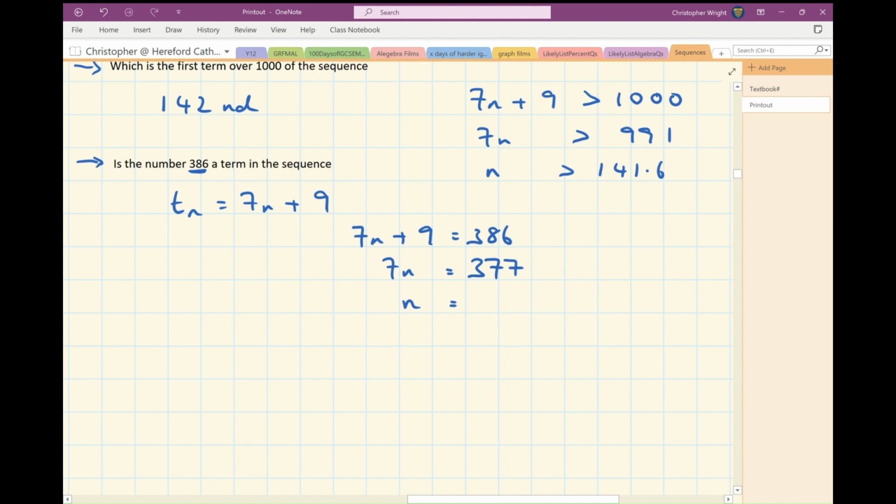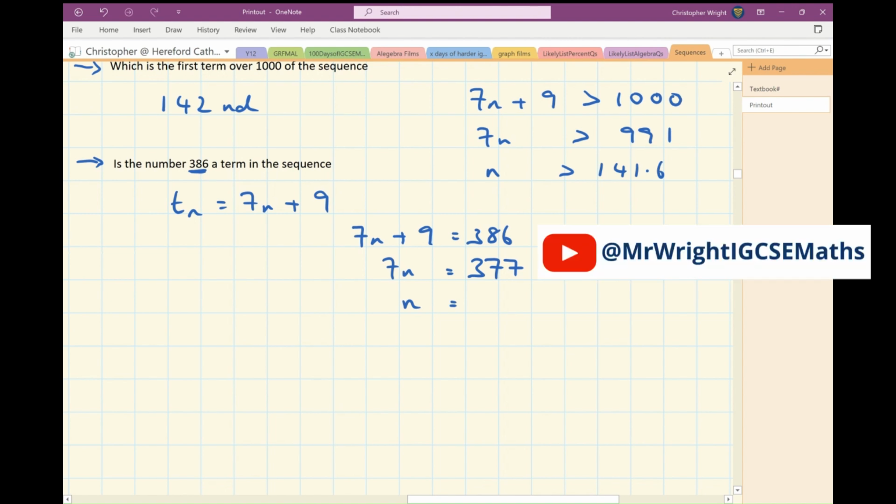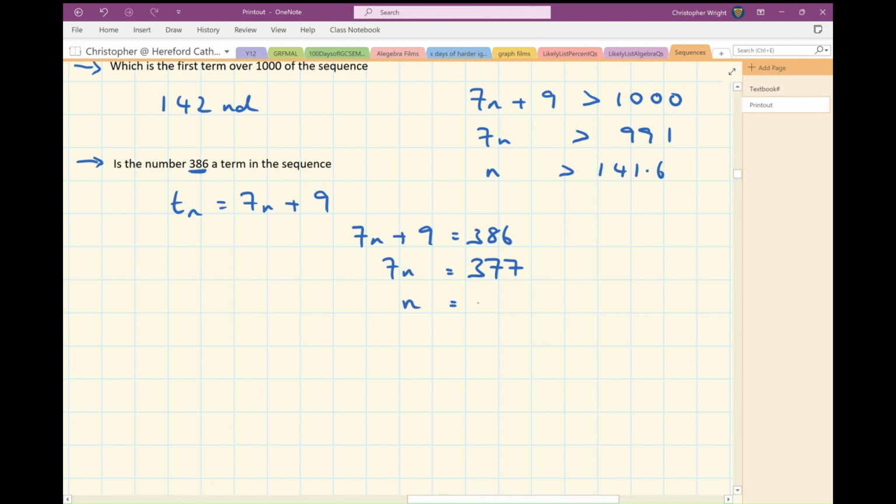If it's a whole number, then I've got an answer, but actually n in this case has got to be 53.9 to 1 decimal place. So there's no way I can have a whole number value of n and get 386. So the answer to the question is no. 386 is not a term in the sequence. It's not the 53rd term, and it's not the 54th term. It's somewhere in between, so it is not a term of the sequence.